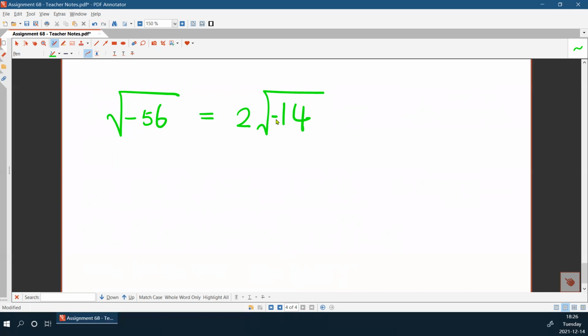Here. Okay, you want to put it here, right? And then you need to calculate what is square root of negative 14.